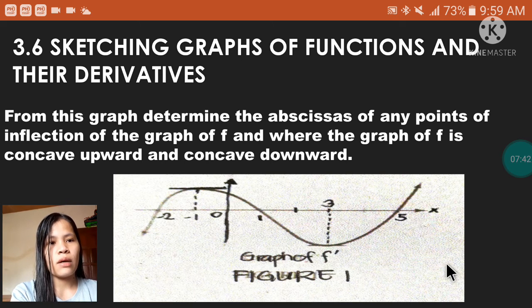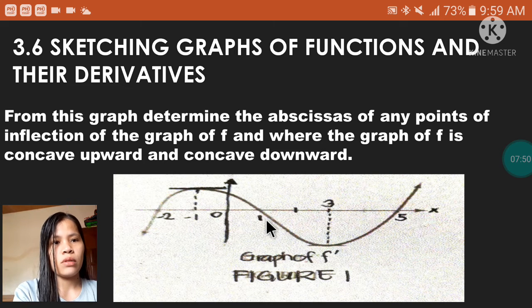This is concave upward, while this point is concave downward, because it is negative. It is downward if the result is negative, and then upward if positive. Okay?